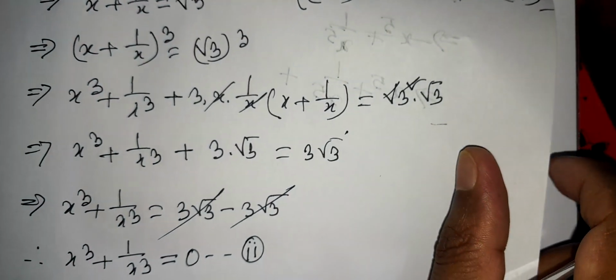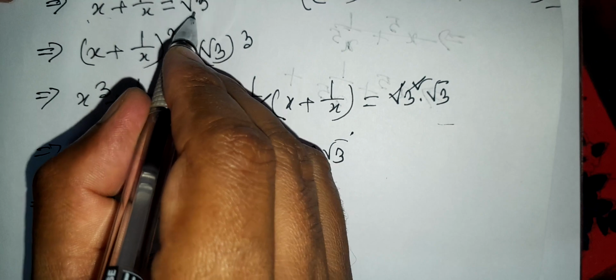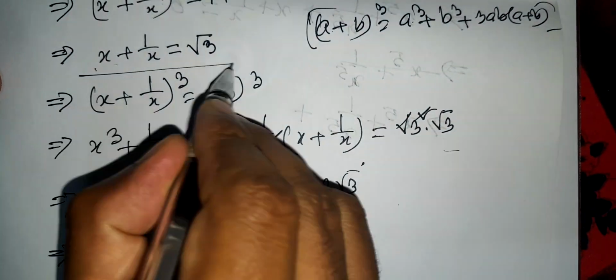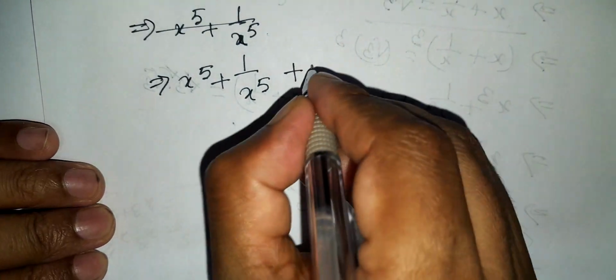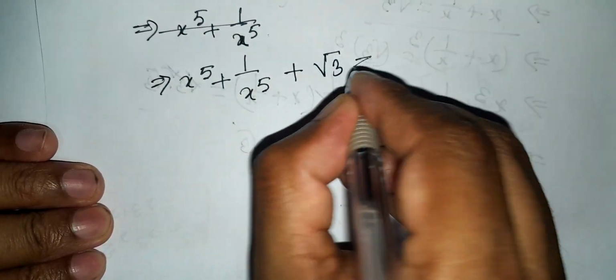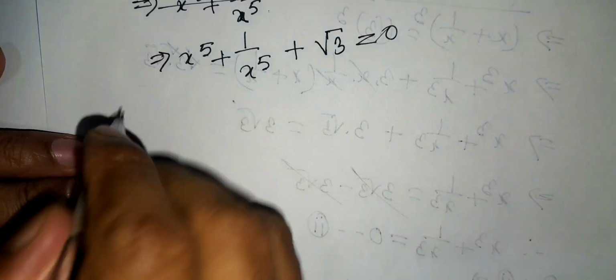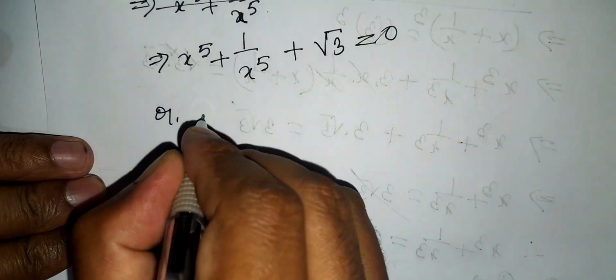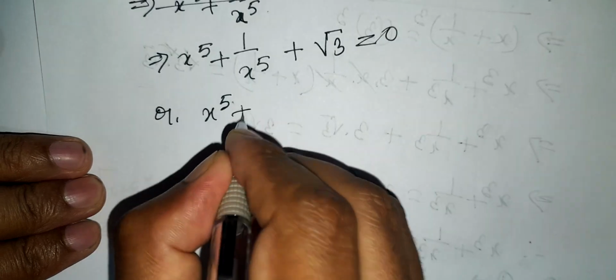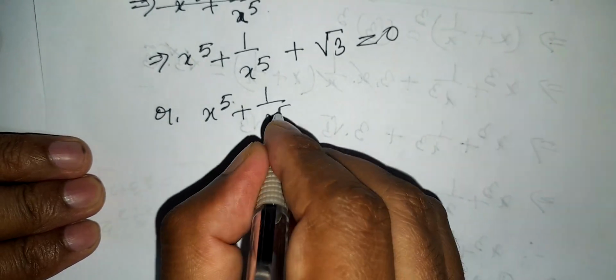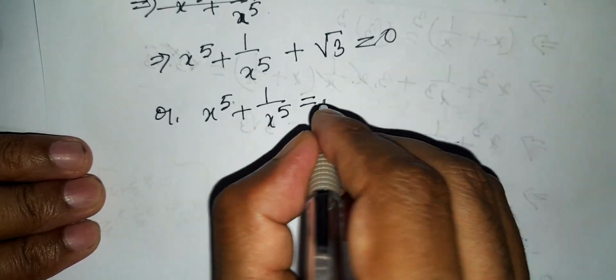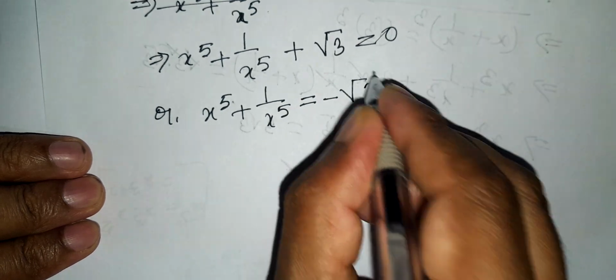Here given that x plus 1 by x is equal to root 3. Now we can write x to the power 5 plus 1 by x to the power 5 plus root 3 is equal to 0, or x to the power 5 plus 1 by x to the power 5 is equal to minus root 3.